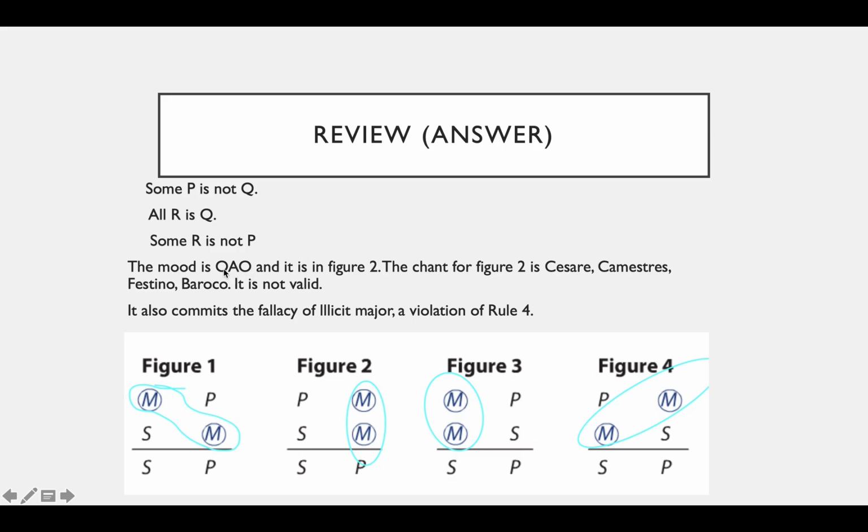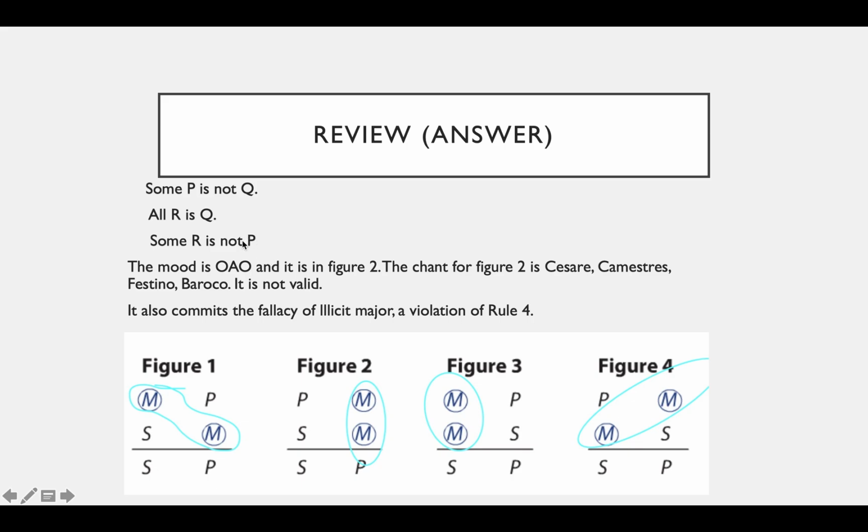I'm sorry, did I just say it was AOO? I'm not sure if I misspoke, but you do not see OAO. This is AOO, but you do not see OAO. And so you know, because the chant gives you every single valid mood that works in figure 2, it is not valid. It also commits the fallacy of illicit major. You can see that here.